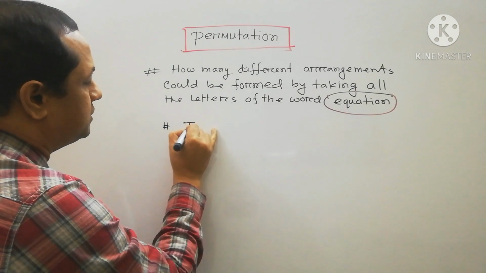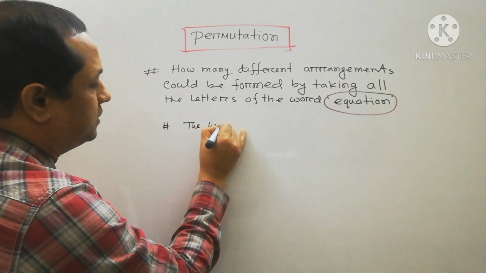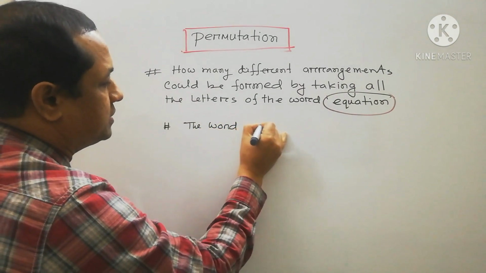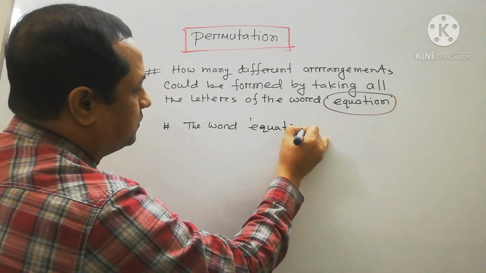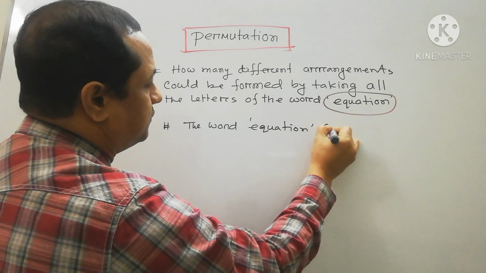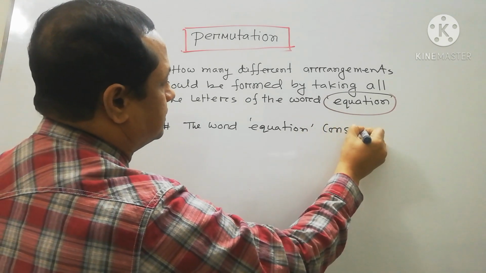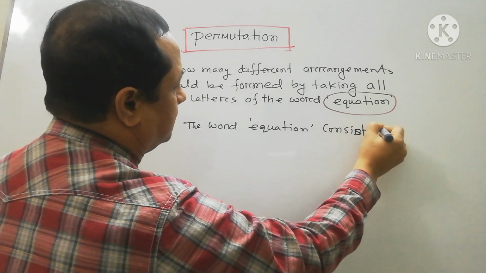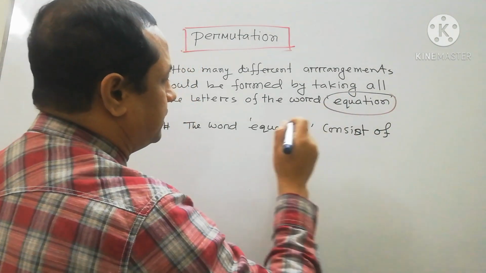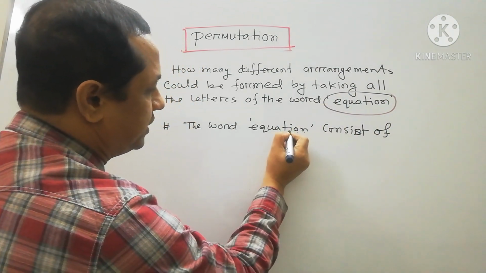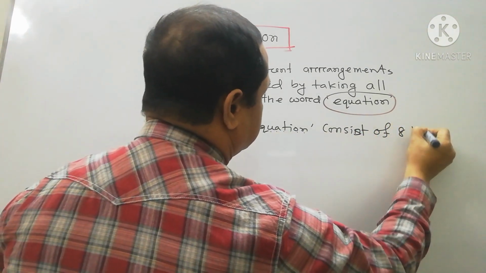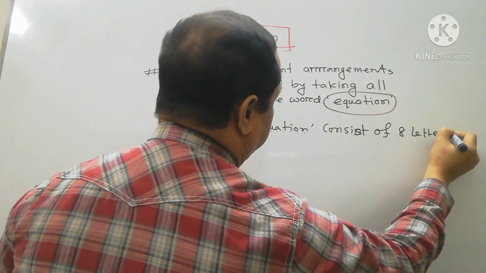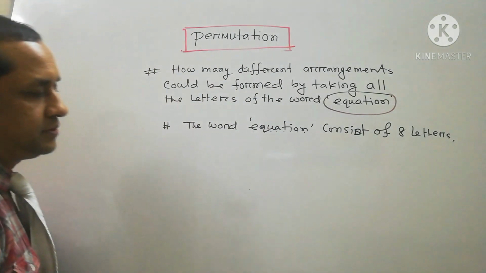The word EQUATION consists of 8 letters: 1, 2, 3, 4, 5, 6, 7 and 8. 8 letters. All letters are different.